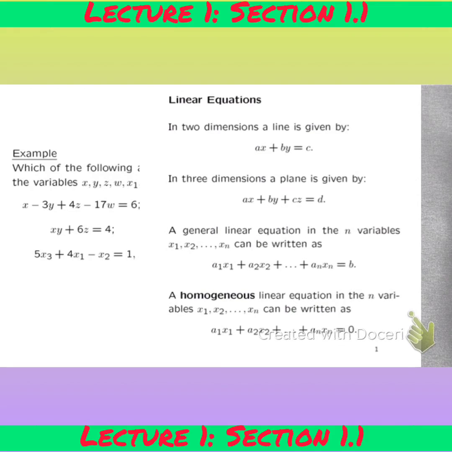Recall the form of a linear equation. Each variable is a standalone variable within itself, and so you can easily see that that is a linear equation. All right. Okay, so equation 1 is a linear equation.